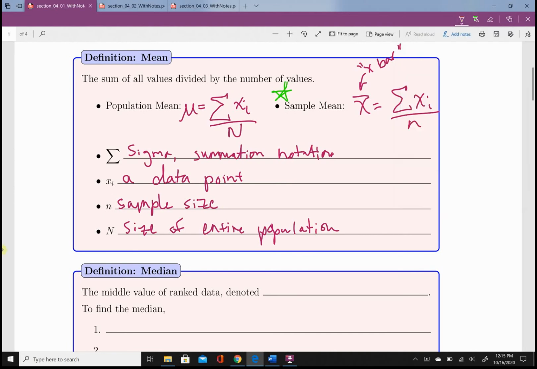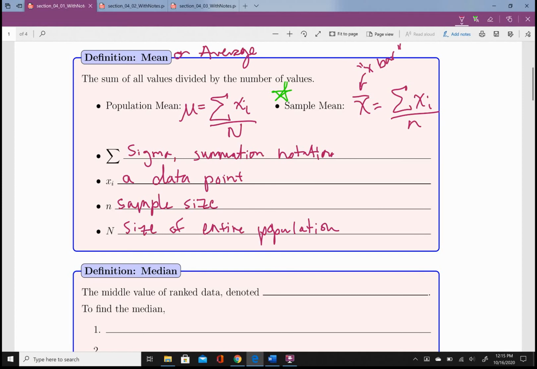Great. Let's go ahead and define our first, or our second rather. The mean, let me define this a little bit further. I just wrote down these formulas but didn't actually tell you what they mean. So the mean, or the average, is calculated from a data set when you add up all of the values in the data set and divide by the number of values that you have.